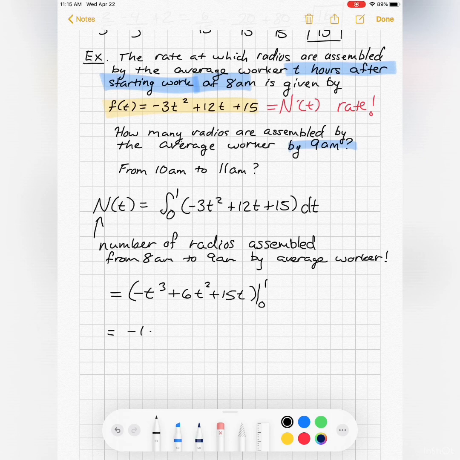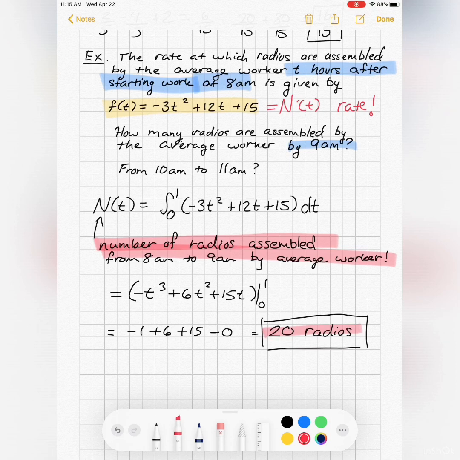Plug in the 1. And then the 0 is going to be 0 all the way across. So what is that, 20? Right, so the number of radios assembled from 8 a.m. to 9 a.m. by the average worker is 20.